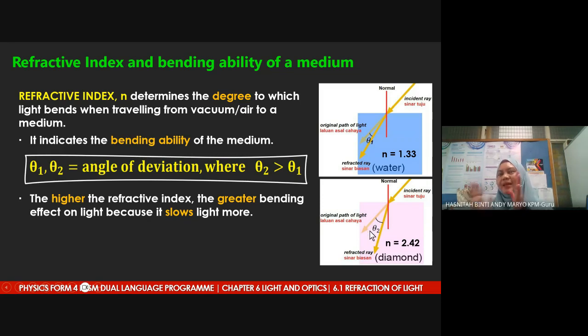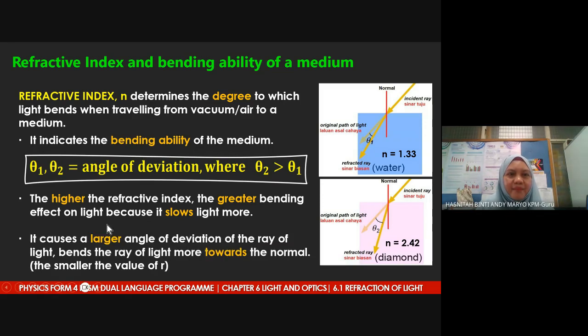It means the particles are closer together in diamond compared to water, so it is able to reduce more speed of light. As a result, it will cause a larger angle of deviation of the ray, which means the light will bend more towards the normal. So this will produce a smaller value of r, the angle of refraction.